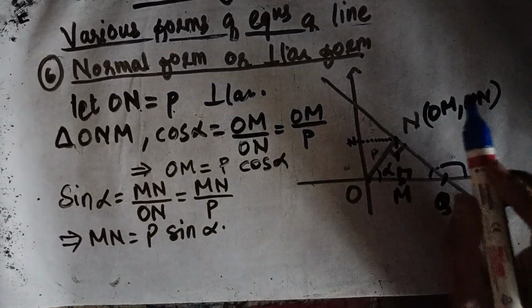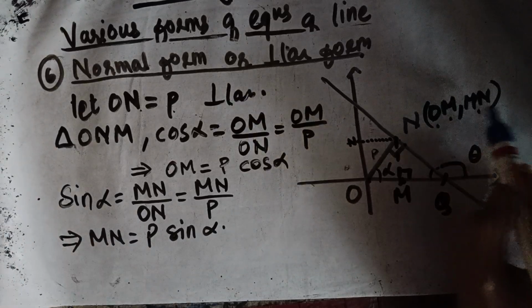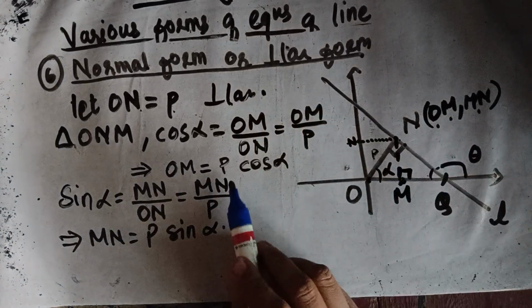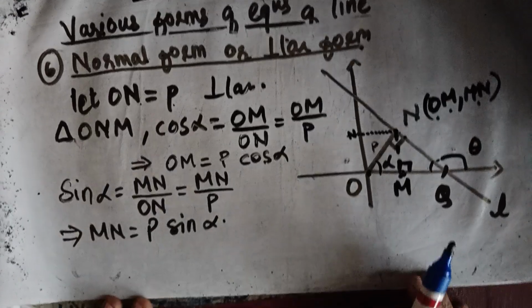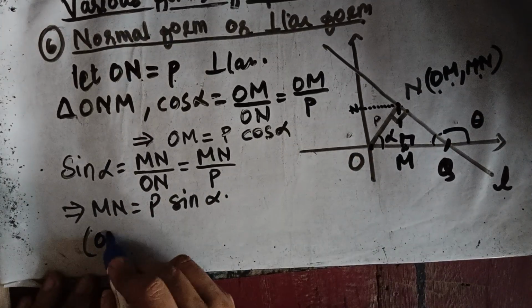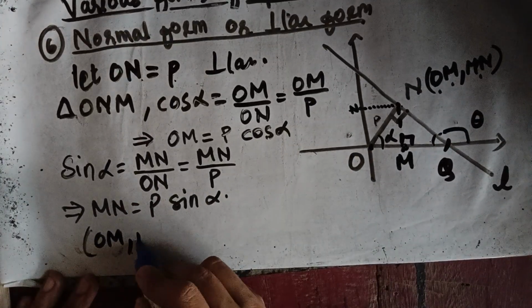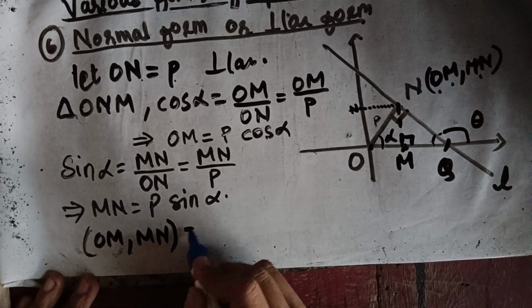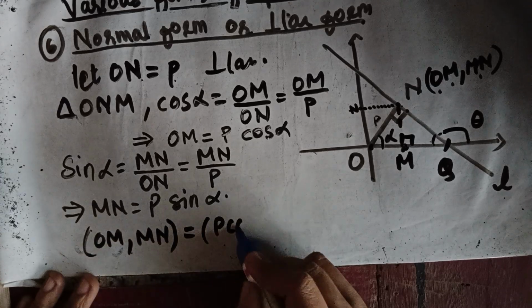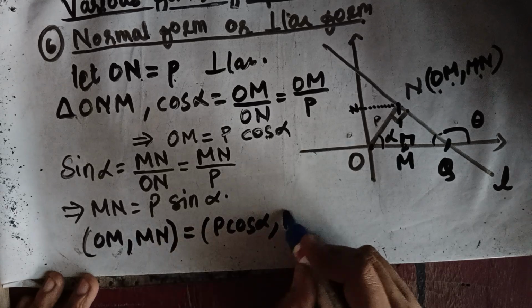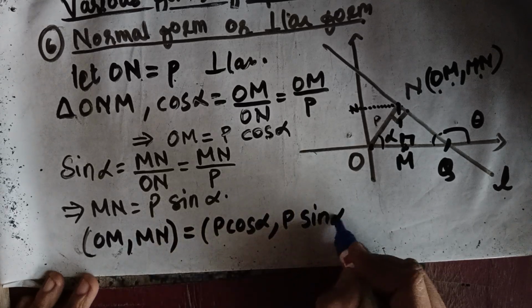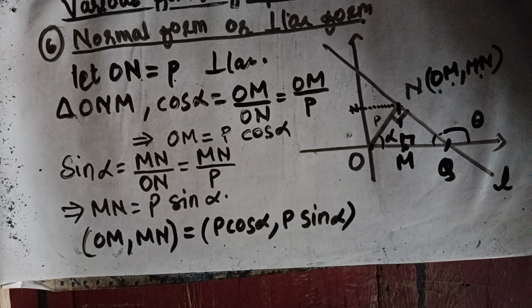So we got these coordinates, that is OM and MN, in terms of P cos alpha and P sin alpha.